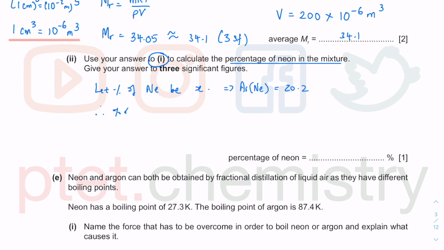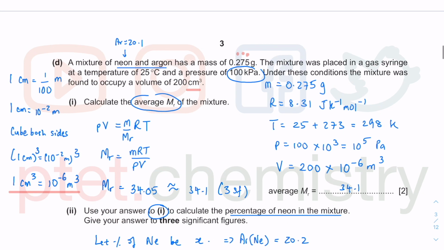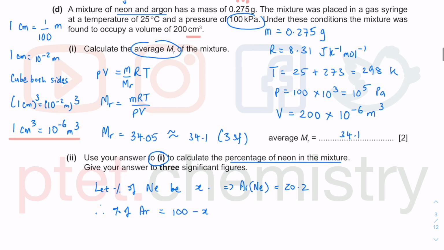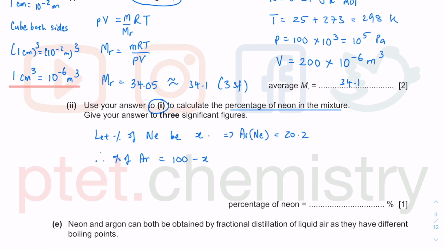Therefore, the percentage of argon will be equal to 100 minus X because you have neon and argon. So if this is 100 minus X percent, do we know the AR of argon? Yes, we do from the periodic table. 39.9.